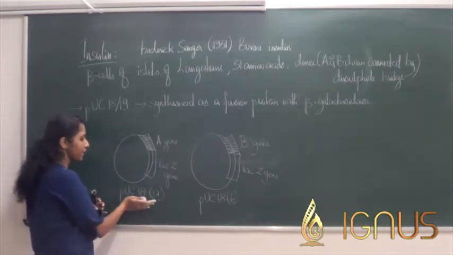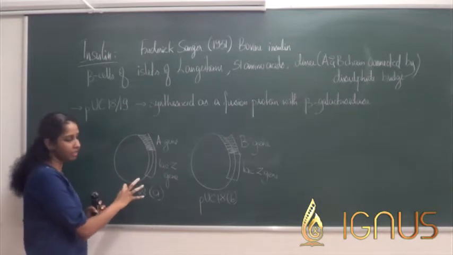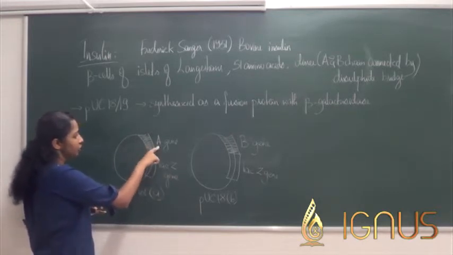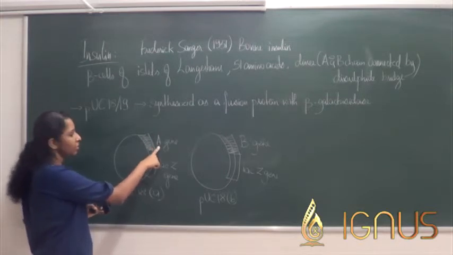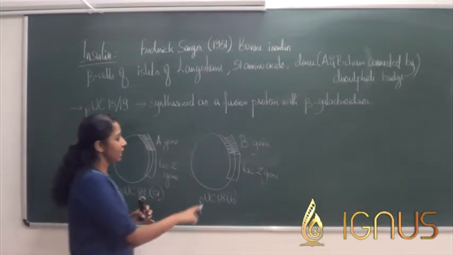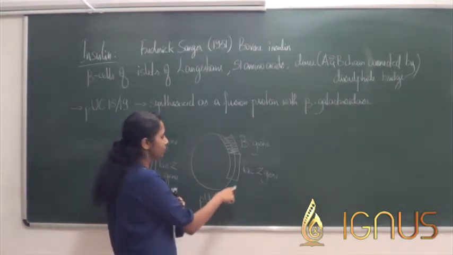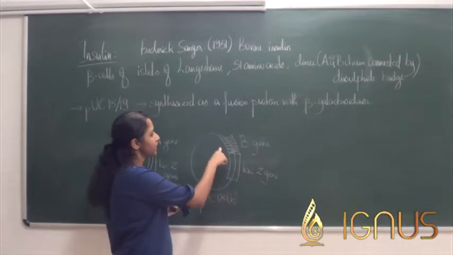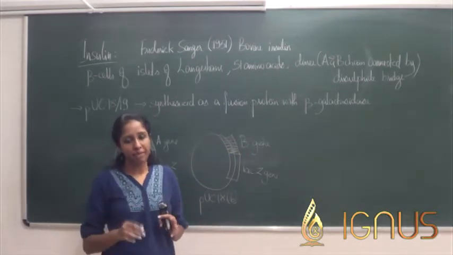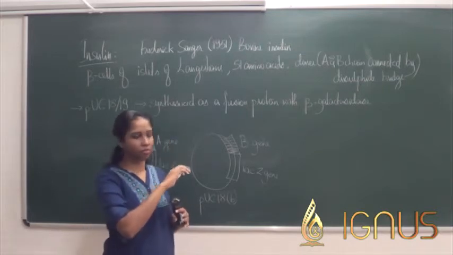So this is one pUC18 plasmid in which the LacZ gene is attached to the A gene, the one that codes for the A subunit of the insulin molecule, and another pUC18 which has the LacZ gene attached to the B gene, which is going to be coding for the B subunit of the insulin molecule.